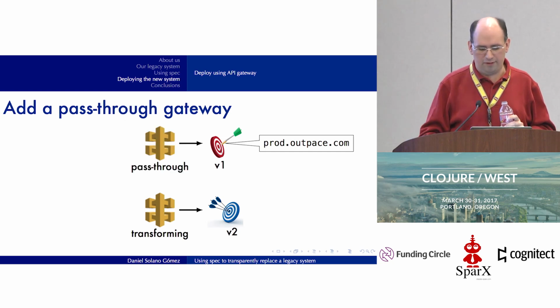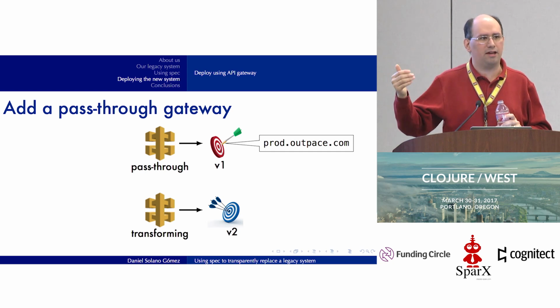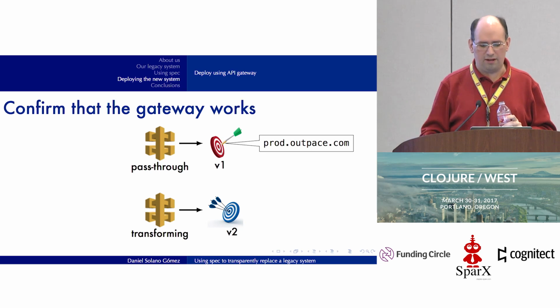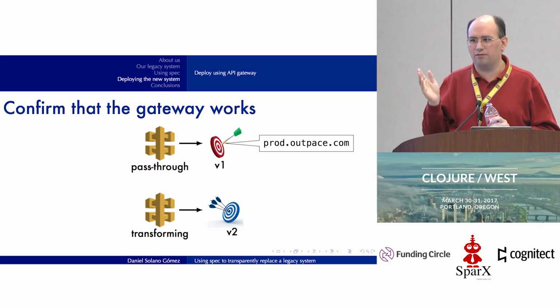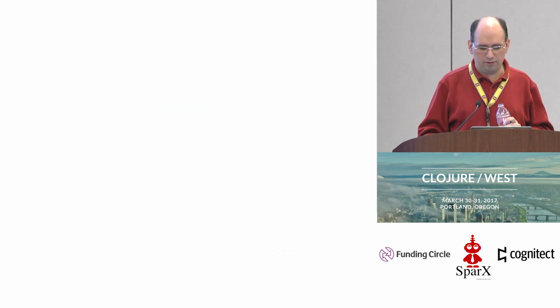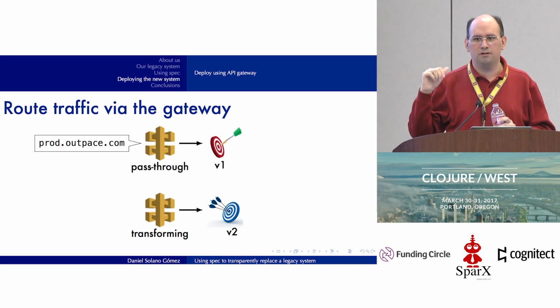So our first step was to add a new version of the API in the API gateway that just passes things through. So once we do that, we can check that invoking it through the API gateway and invoking it directly results in the exact same thing. Once we do that, we can switch the DNS to now go through the API gateway.